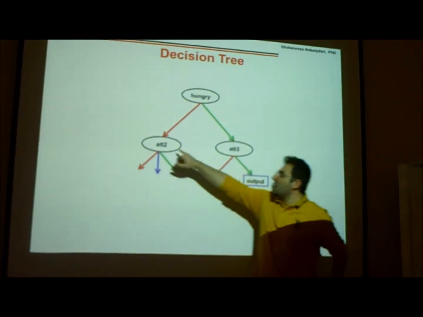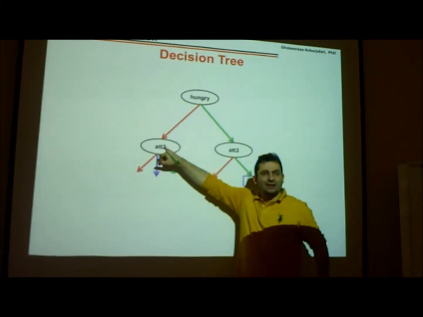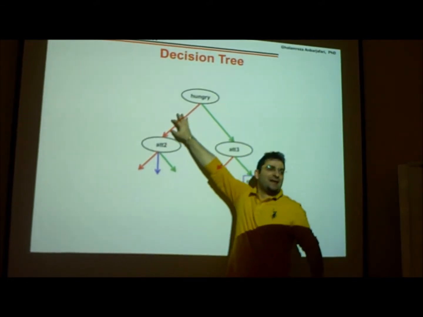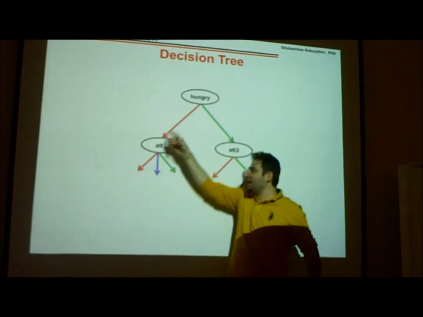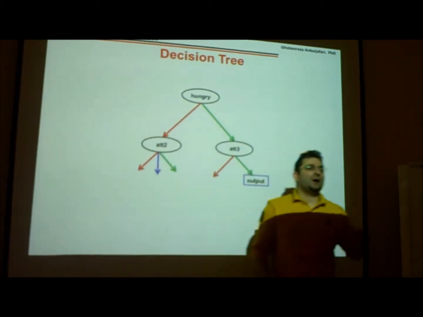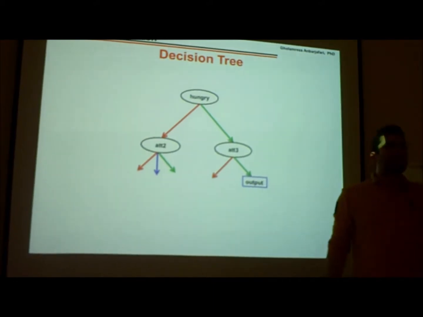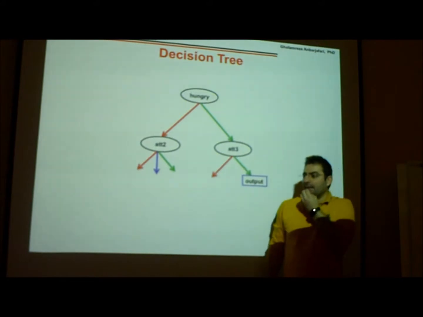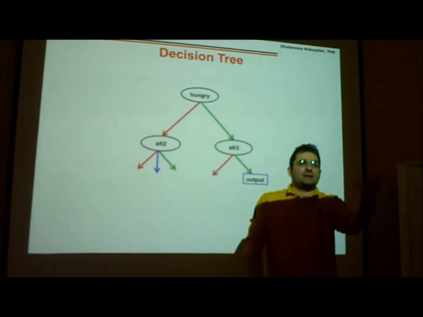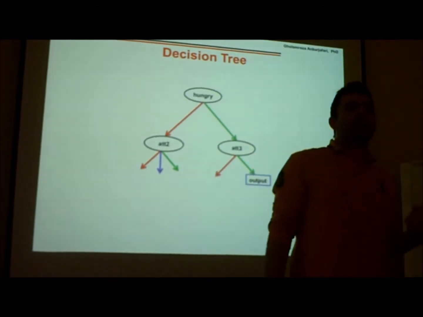In other words, I can choose attribute 2 here if my answer was, let's say, no. If my answer was yes, choosing this attribute will be either irrelevant or not logical. For example, imagine this. You ask me a question, are you hungry?